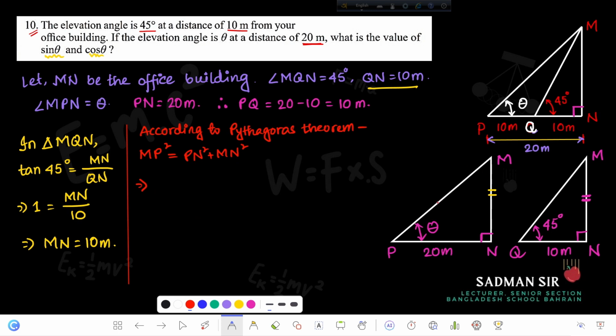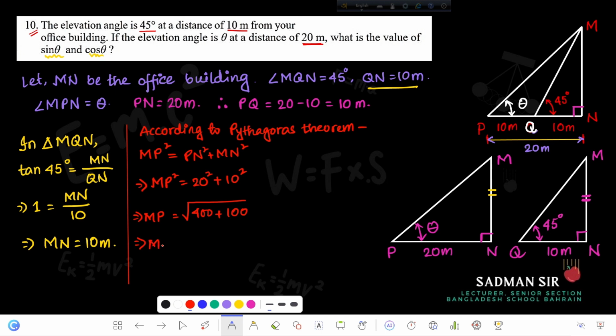MP, this one we have to find out, so we do not know the value yet. Equal to PN, where is PN? PN is 20. So 20 square, and MN we found out the value to be 10 here. So 10 square. So MP, if I shift the square to the right hand side, then it will be a root over 20 square, it is 400, plus 10 square, it is 100.